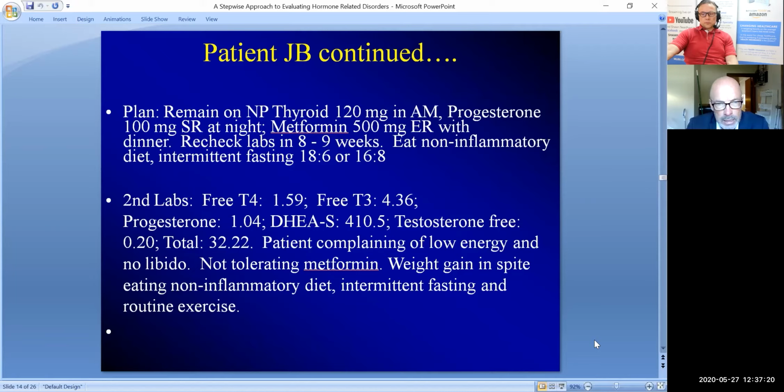Came back in for second labs, and again, free T4, free T3 were fine. She was still complaining of low energy, no sex drive. She just simply could not tolerate the metformin. Her progesterone, this time in the window we caught her at, was 1.04, and she was still having weight gain in spite of doing all these things, intermittent fasting, routine exercise.